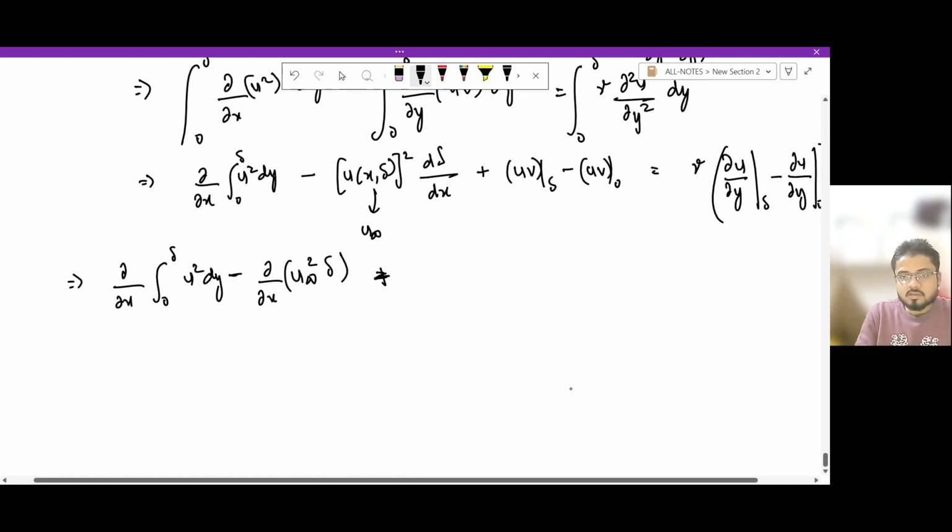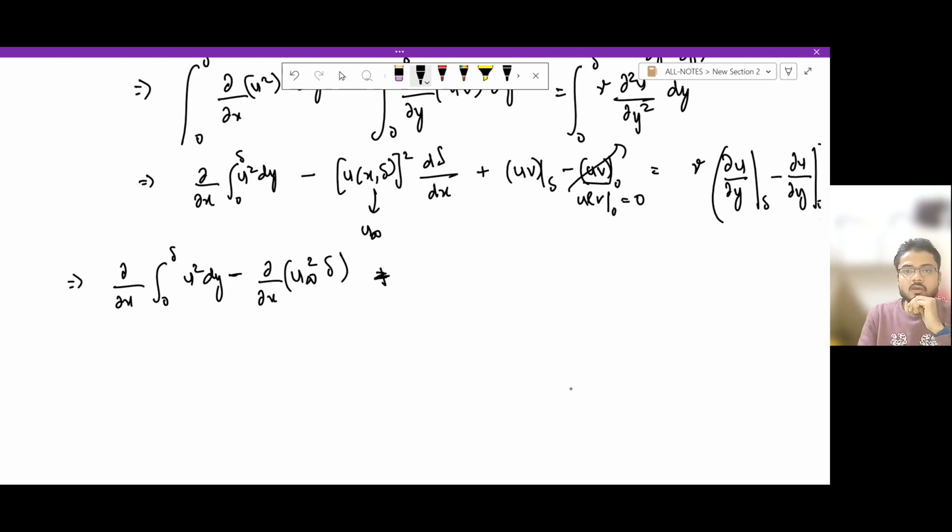Now you notice that u and v at 0 are equal to 0. So this part is 0. And here at y equals delta, u is u infinity. And you can always write v at delta as v delta, which would be equal to nu times.